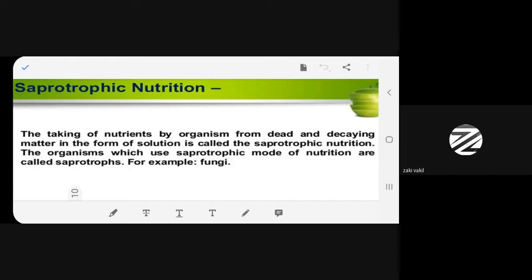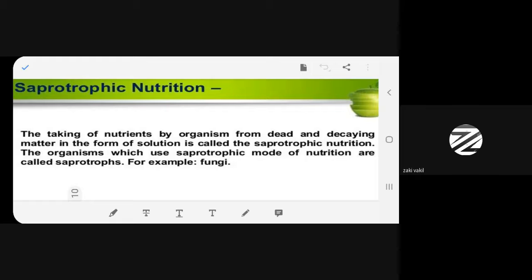Better. So nutrients are taken by organisms, but which are the organisms that we are talking about? So far we talked about living organisms, the autotrophs and the heterotrophs. Now we are going to talk about the dead or decaying or decomposing organism. There's a difference: the organism is taking the nutrition from the dead or decaying organism.